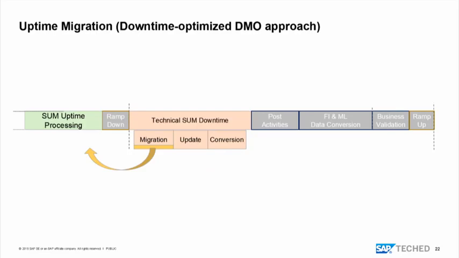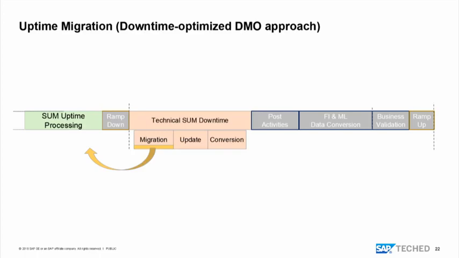Leading us to the next slide, looks the same. The title is now downtime optimized DMO. And as downtime optimized DMO is similar to downtime optimized conversion, I prefer the term uptime migration. Again, uptime migration is for a standard conversion run, I can select large application tables so that they are migrated already in uptime.